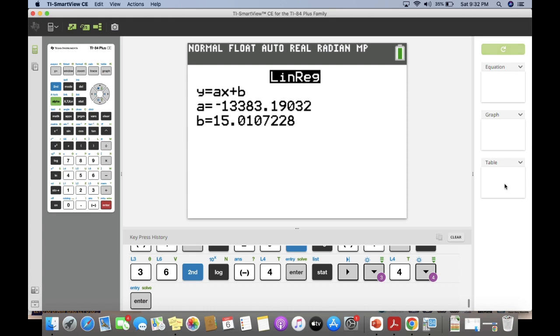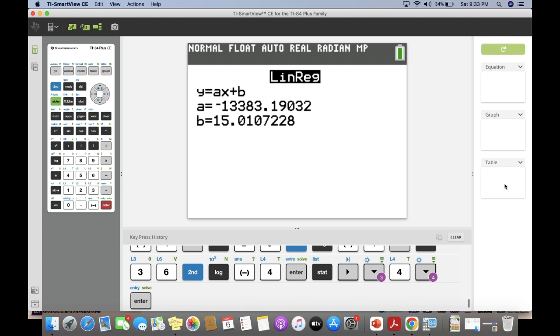So the equation now is y equal to, so our slope here is negative 13,383.19 plus the y-intercept. Let's copy all the values for the y-intercept, because if you recall, it's ln of a.